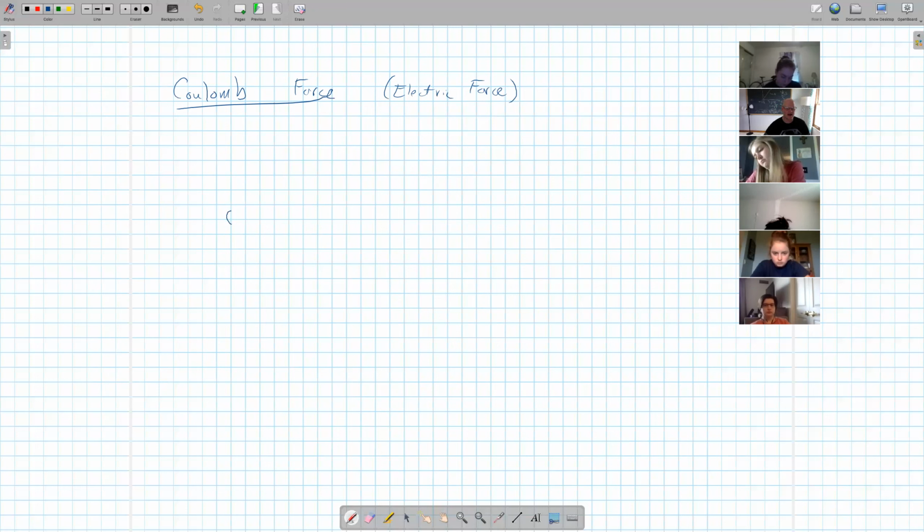Let's say I have two charged particles, where this one has a charge of Q1 and this one has a charge of Q2. These are separated from center to center by a distance of r. Coulomb's law says the magnitude of the electric force between the two is 1 over 4 pi epsilon naught times Q1 times Q2 divided by r squared.